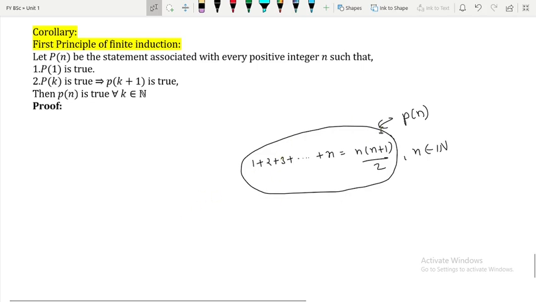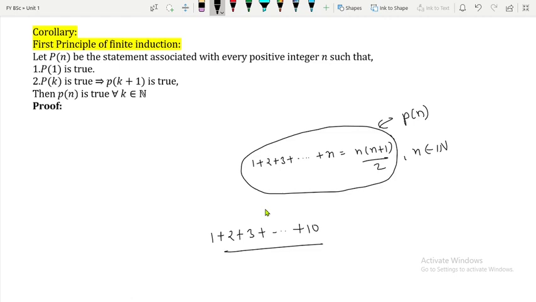Now, it has a right hand side and a left hand side. So how do we use this theorem? Somebody asks you the question, tell me the sum of first 10 numbers, I mean 1 plus 2 plus 3 plus so on up to plus 10. Tell me the sum. Then are you going to count it? 1, 2, 3, 1 plus 2 is 3, 3 plus 3 is 6.